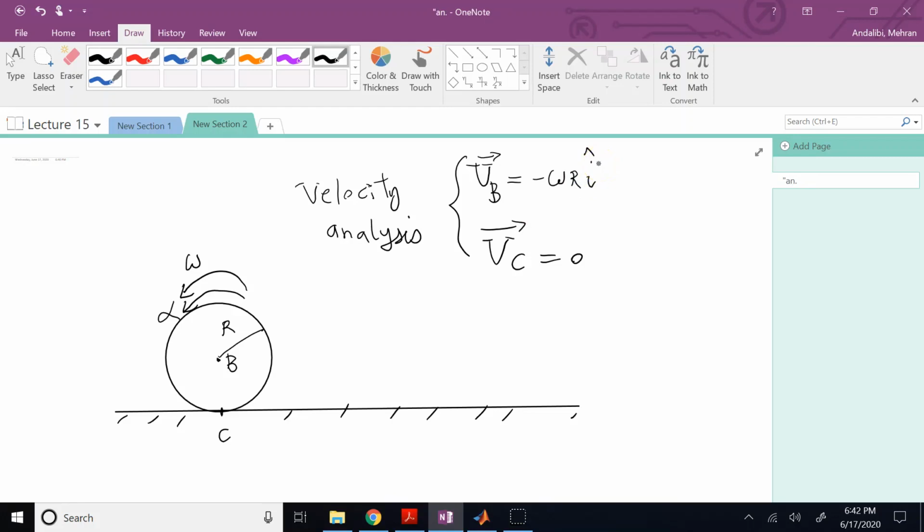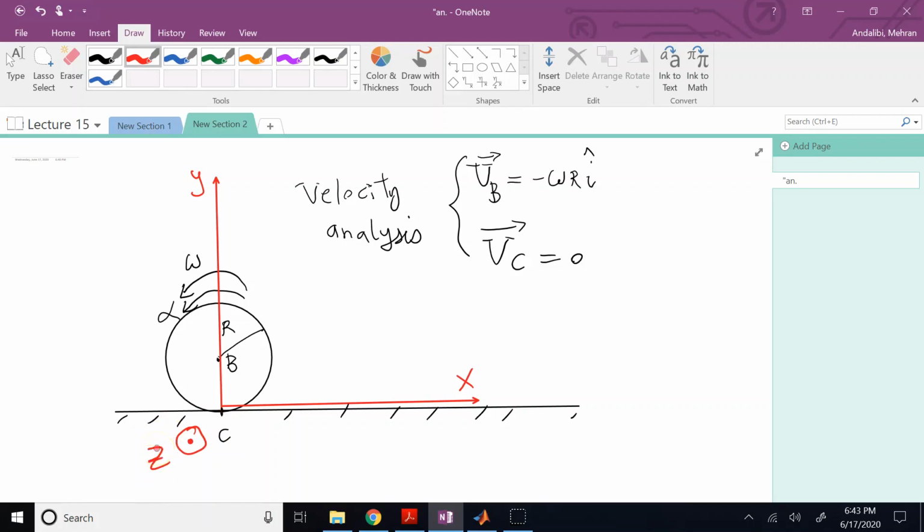And here when we say I and J, we clearly mean the traditional x and y axis, right? So this is to be your x and this is to be your y. And z to be out of the plane toward the observer.